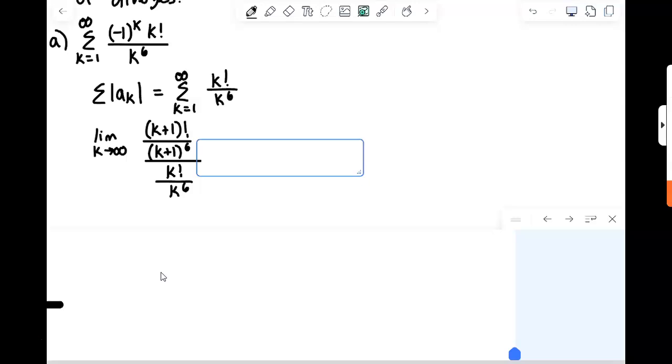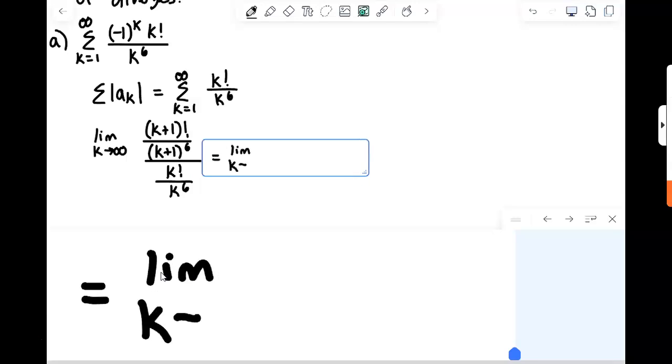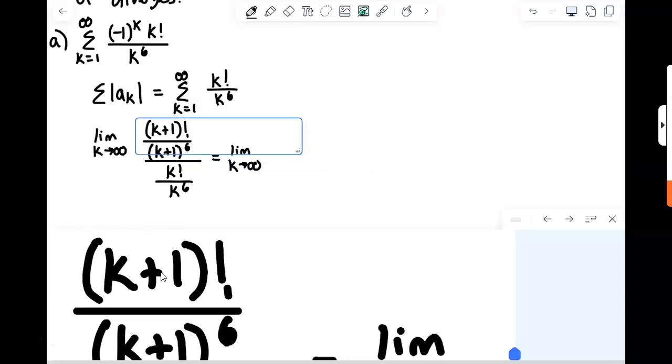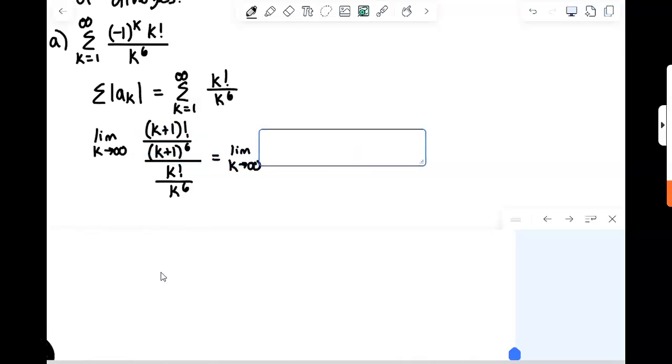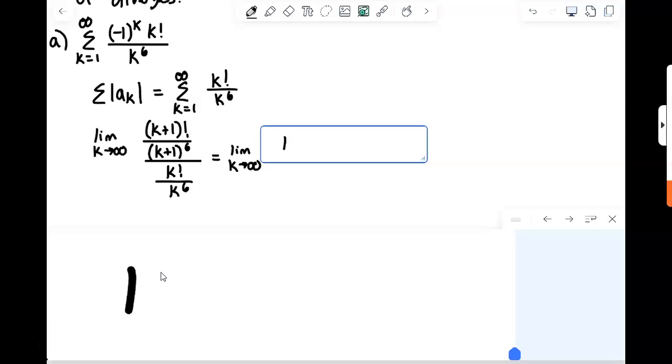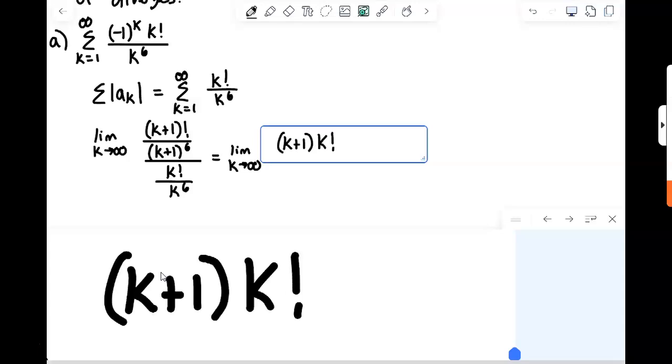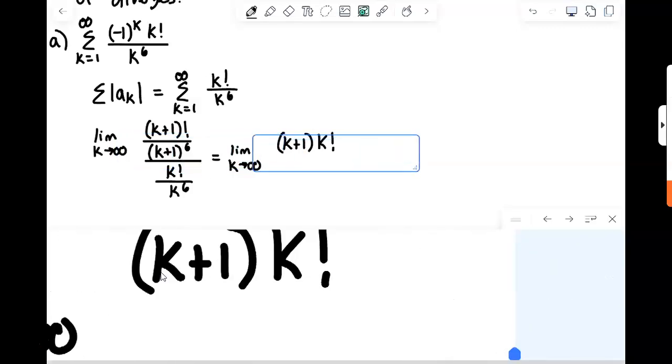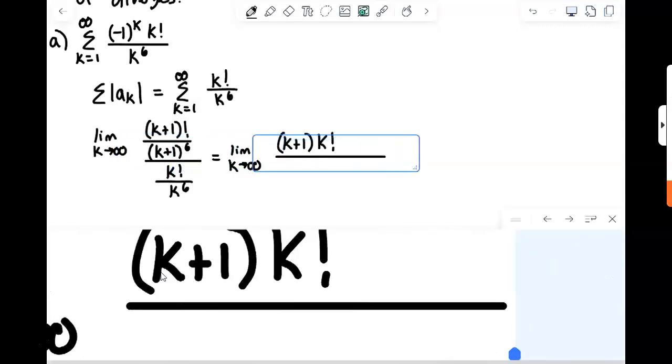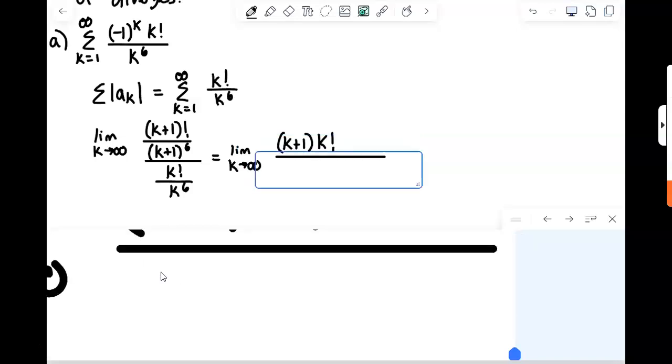All right, and we simplify here. Limit as k goes to infinity. Remember, k plus 1 factorial is going to be k plus 1 times k factorial, and then that k plus 1 to the 6th is going to be in the bottom.